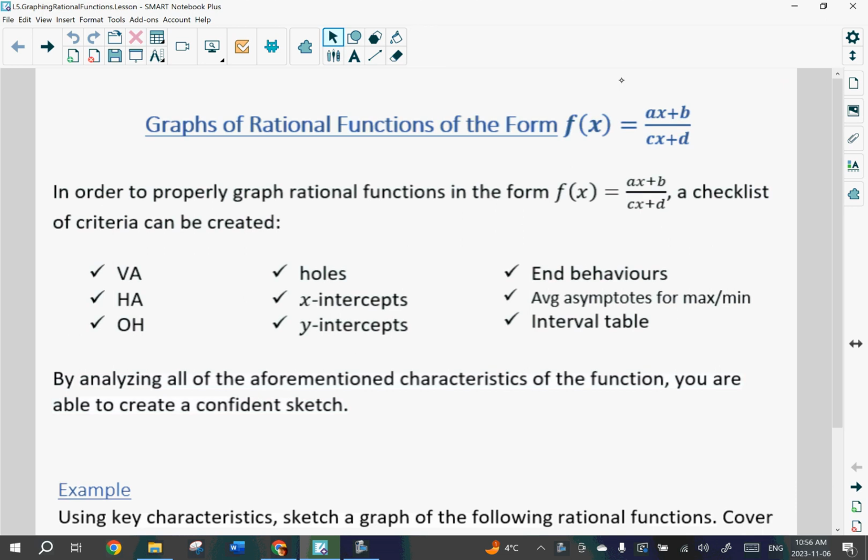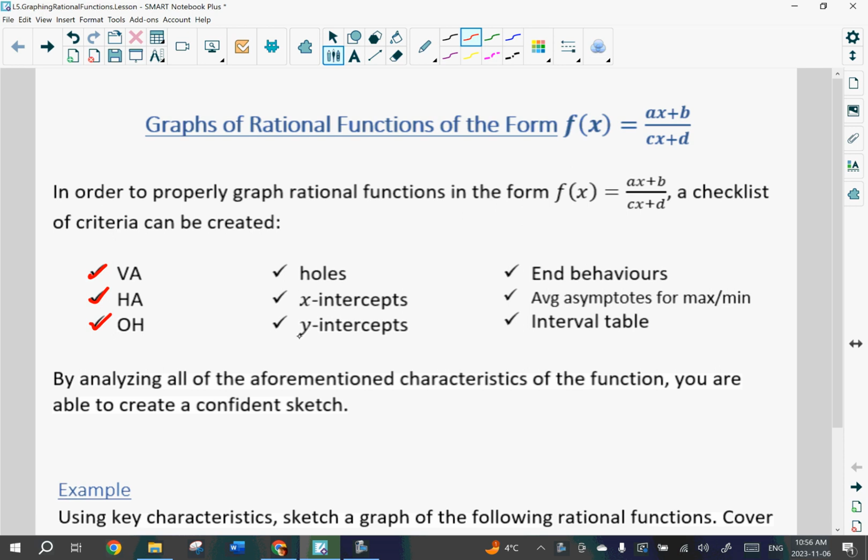Okay, so we're getting to the points I told you in class that graphing these buggers can be worth a lot of marks. And the reason is you have to look for all of these checks. Start off with your asymptote checks. Then from the asymptote check, you might look to see if there are any holes if you simplify equations, and holes would knock out one of the asymptotes. The x and y intercepts often are related to asymptotes and holes.